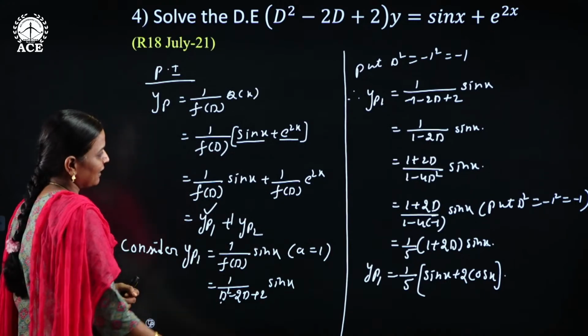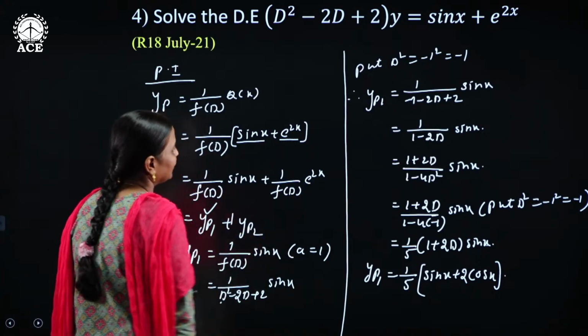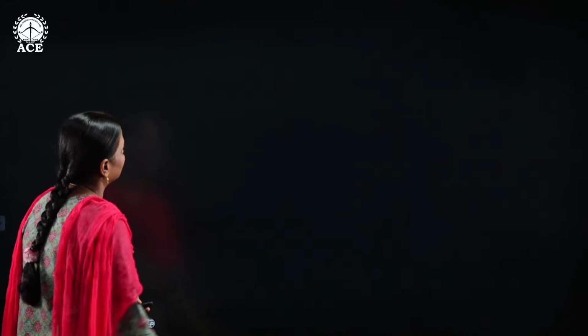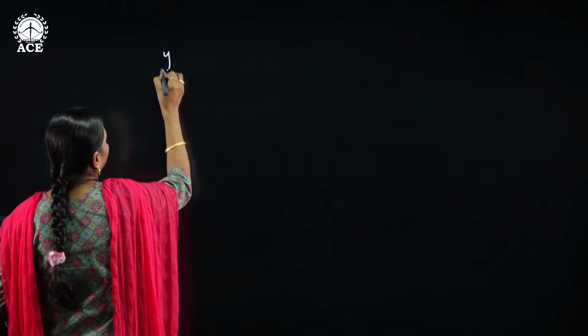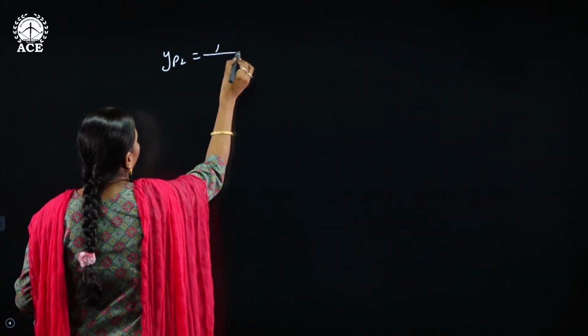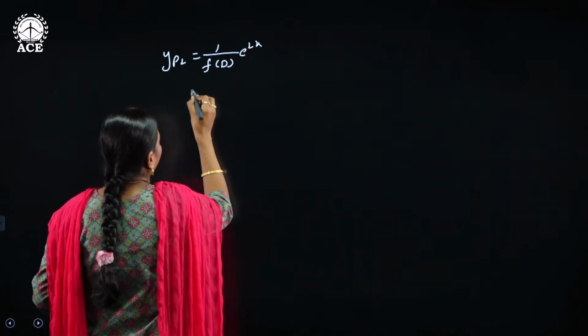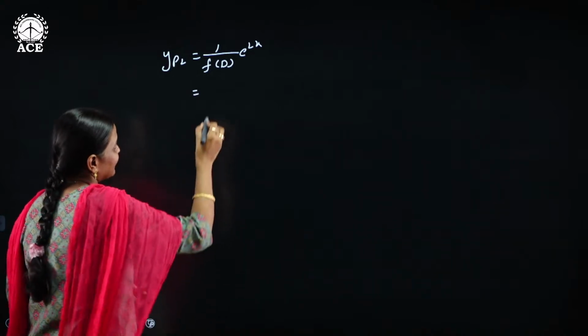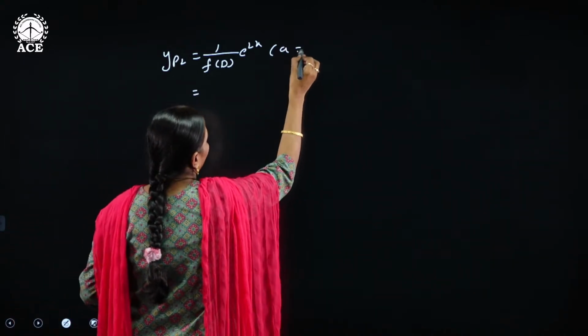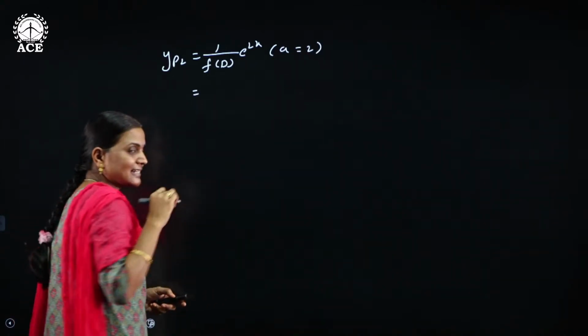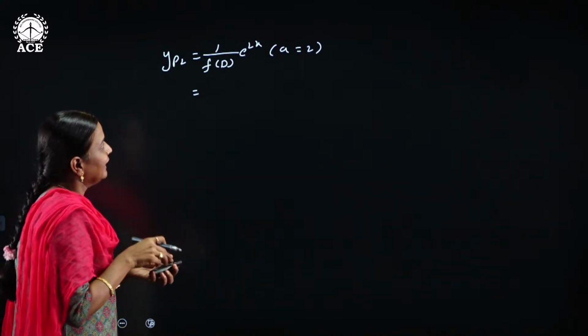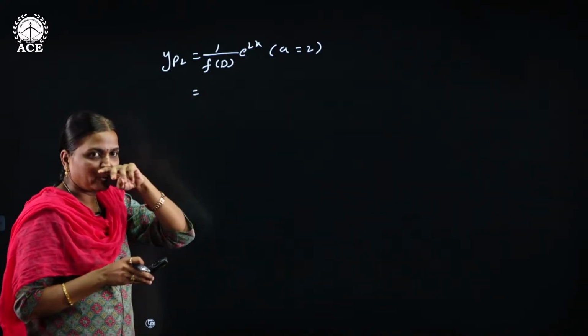Next, what is the second part? 1 by f of D into e power 2x. So consider yp2. What is yp2? 1 by f of D into e power 2x. And here what is the a value? A is equal to 2. Here what is the substitution? Observe clearly, this function is exponential.